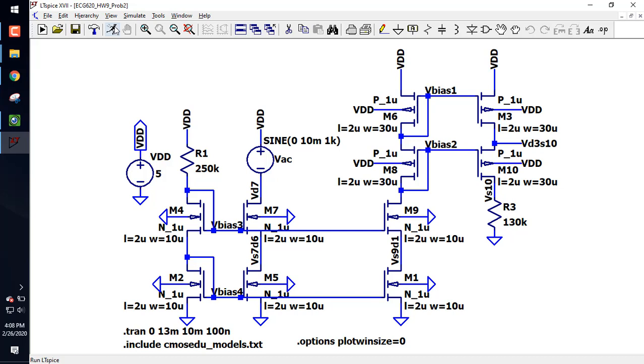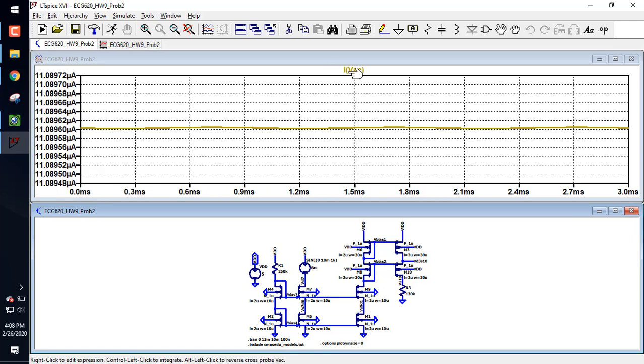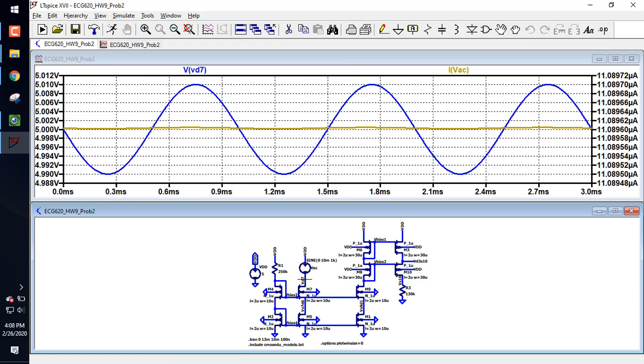Let's run this, and I'm going to show you how to fix this, because this is kind of a real subtle little point. I want to make sure you follow. So if I look now, I'm going to plot the current through here, and how do I find the output? Well, let's plot the voltage too, just to show.